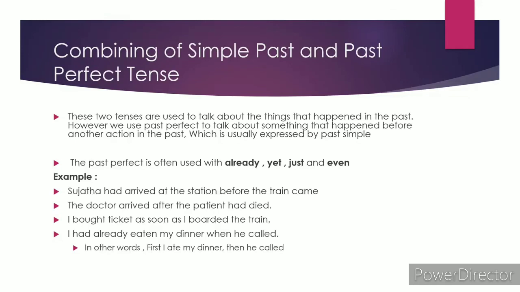Now let us see how to combine two sentences using simple past tense and past perfect tense. These two tenses are used to talk about things that happened in the past.